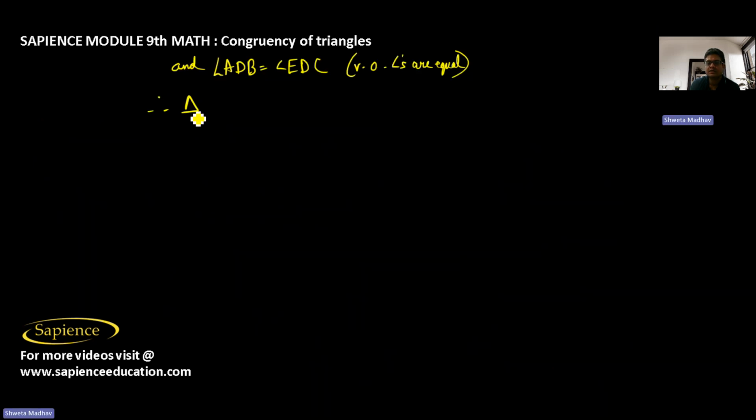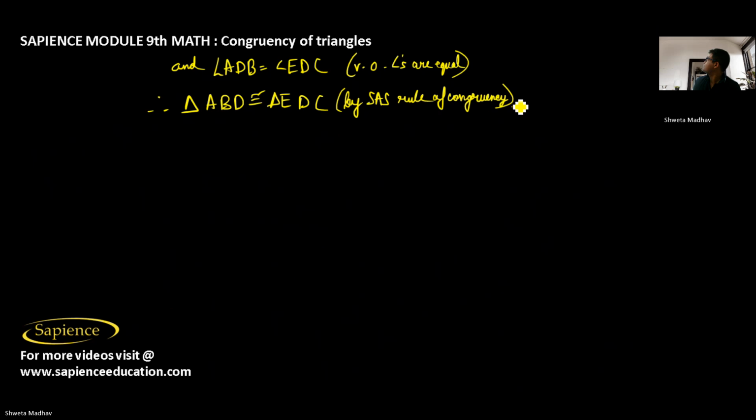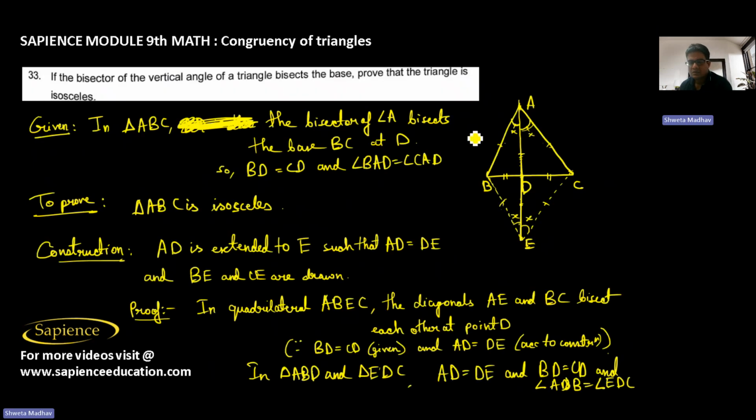Therefore, I can say that triangle ABD is congruent to triangle EDC by SAS rule of congruency. So hence I can say that these two are equal. So these two angles are also equal.